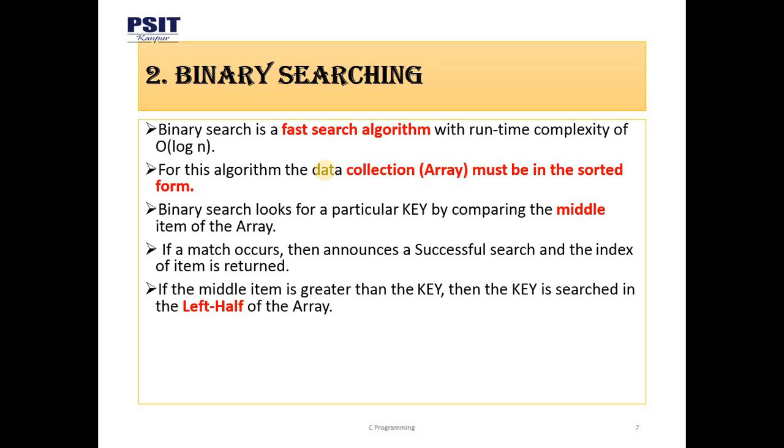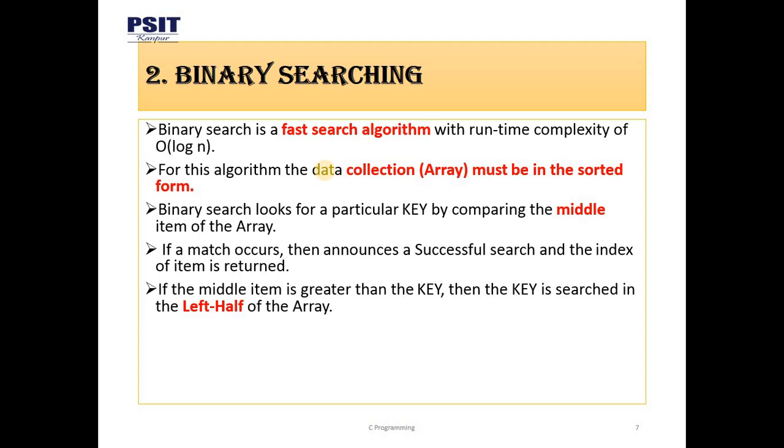If the middle item, which is currently at the middle position of the array, is greater than my key, then the key is searched in the left half, because my key is lesser, so the key may exist in the left half of the array. So I will further search in the left half and skip the right half.